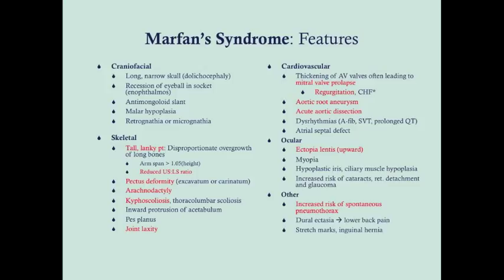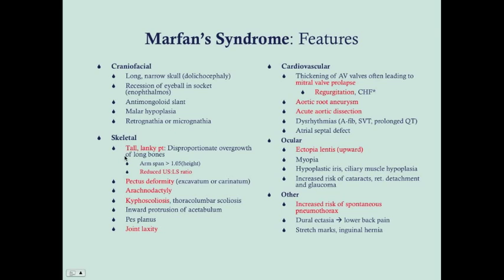They can have recession of the eyeball in the socket, and this is usually pretty discrete, but this is called enophthalmos, which is the opposite of exophthalmos, which you see with hyperthyroidism, particularly Graves' disease. An anti-mongoloid slant, malar hypoplasia, and retrognathia or micrognathia. Usually these craniofacial features, though, are pretty subtle.